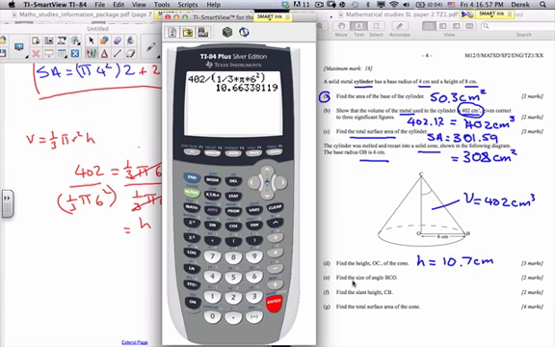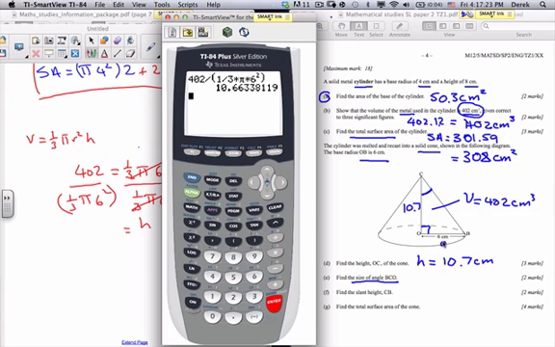We then need to find the size of the angle BCO. So we want to find this over here. Now this is a right angle triangle, this would be a right angle. We've just worked out that this is 10.7. We know this, and so we use our right angle trig formulas. We label it according to the angle that we're dealing with.